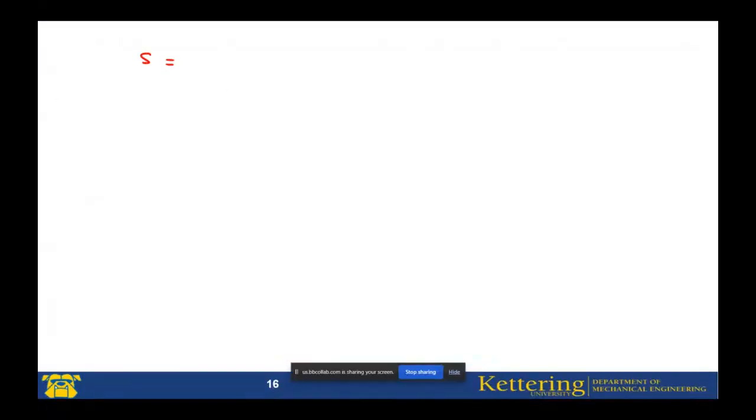As it is 12t minus t cubed minus 21, the initial position, or S0, will be 12 multiplied by 0 minus 0 cubed minus 21. The initial position is minus 21 meters.